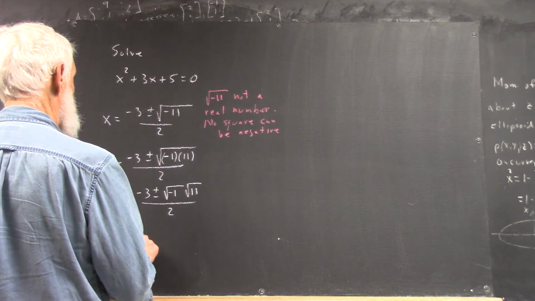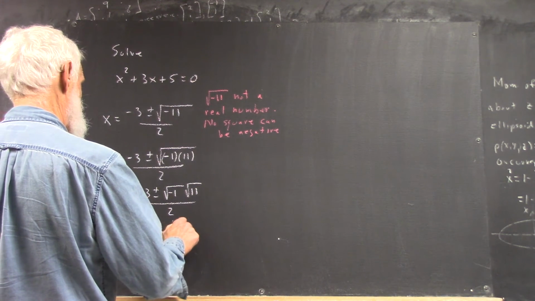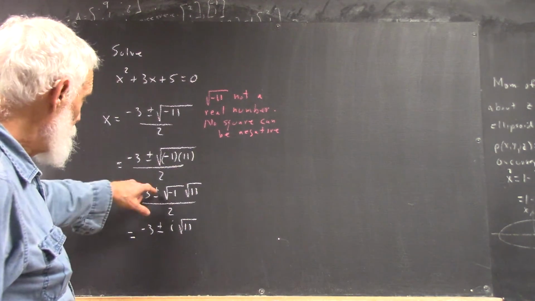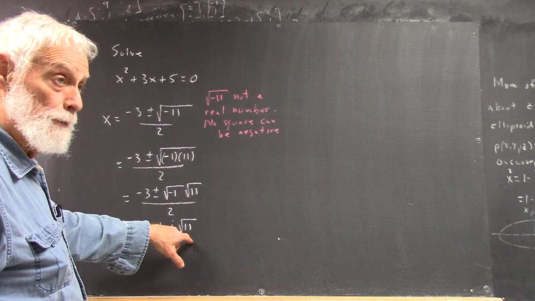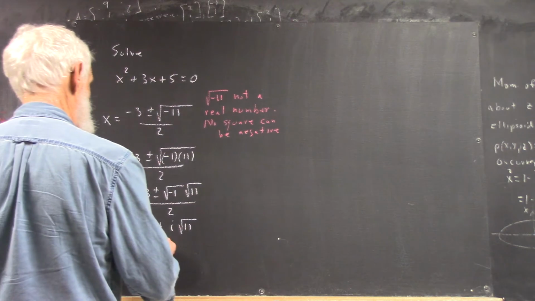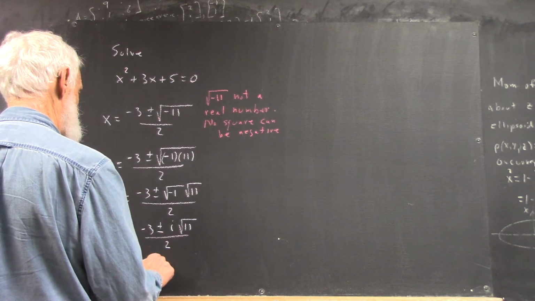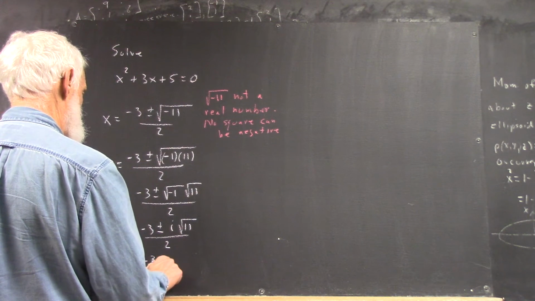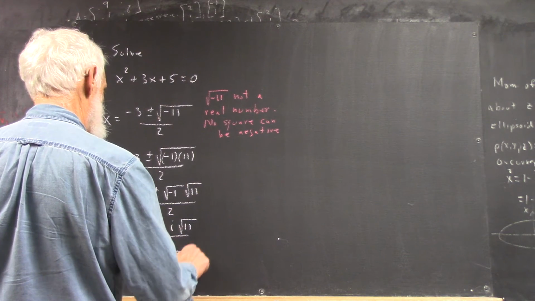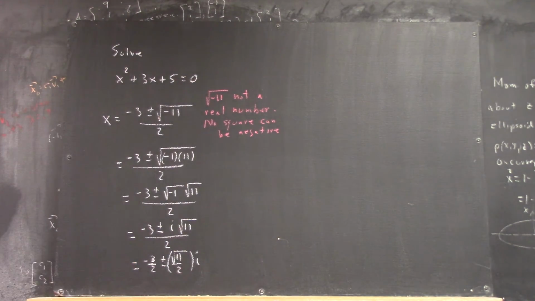And the square root of negative 1 is i. So we have i times the square root of 11. So there we have it.